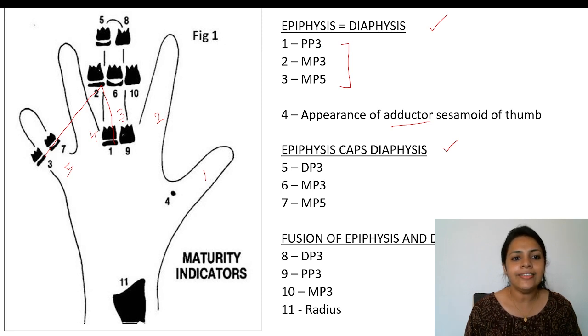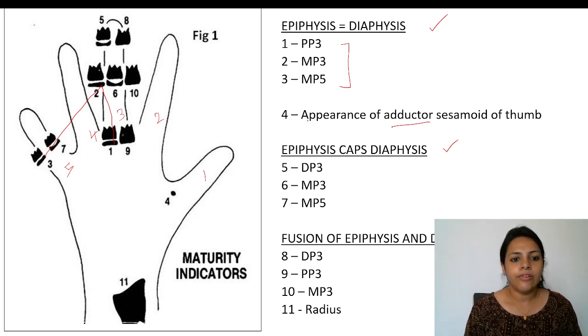Proximal phalanx of third finger. This is the proximal phalanx, right? Now moving ahead, 2 is middle phalanx of third finger and 3 is middle phalanx of the fifth finger, right? So an inverted L. That is the first 3 stages wherein the epiphysis will be equal to the diaphysis.